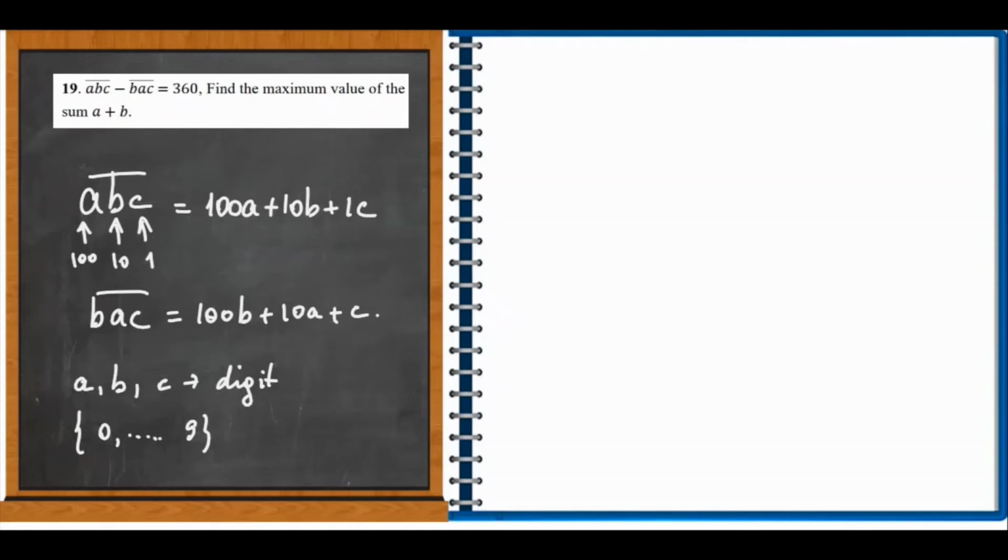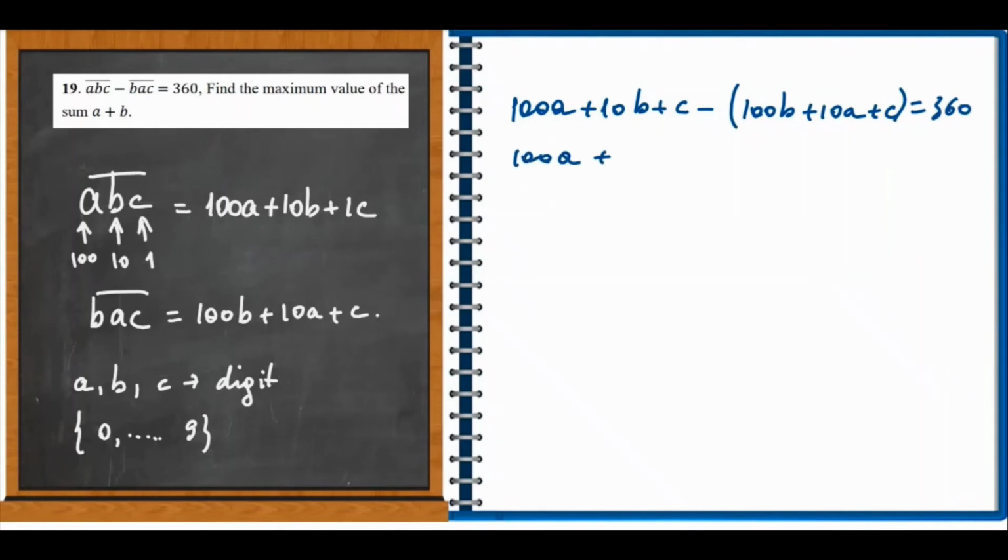Now let's write the expansion of the numbers in the difference. 100A plus 10B plus C minus (100B plus 10A plus C) is equal to 360. Now let's expand the bracket.